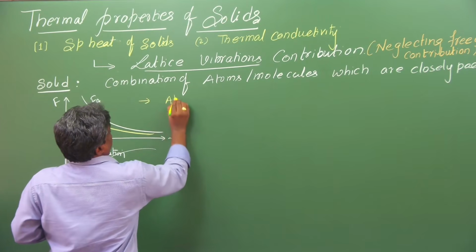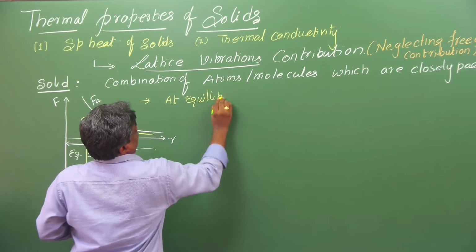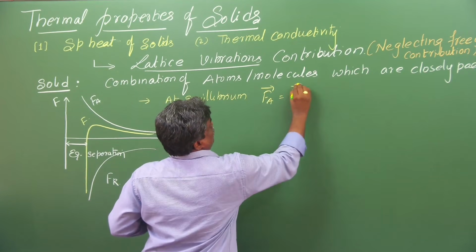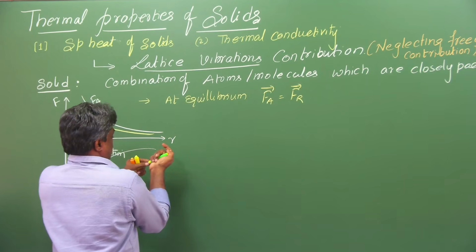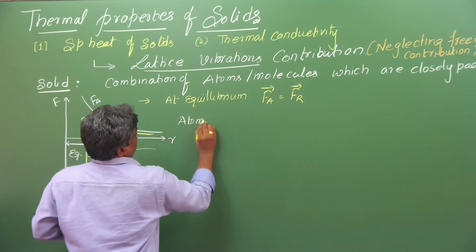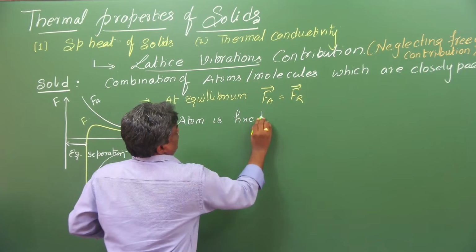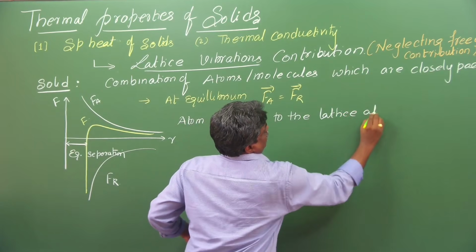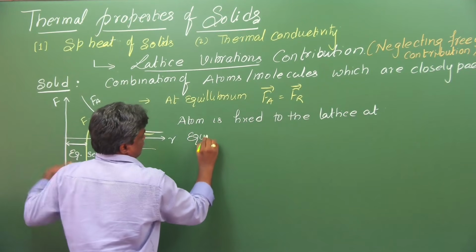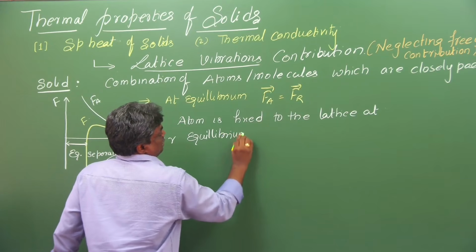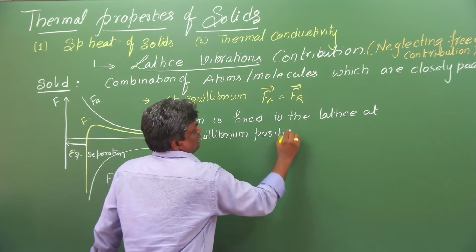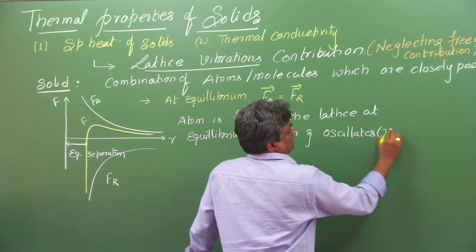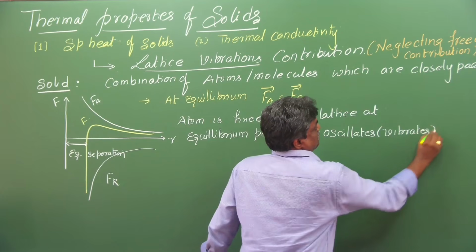So at equilibrium, the attractive force is equal to the repulsive force. That means the atom is fixed to the lattice at the equilibrium position and oscillates or vibrates.